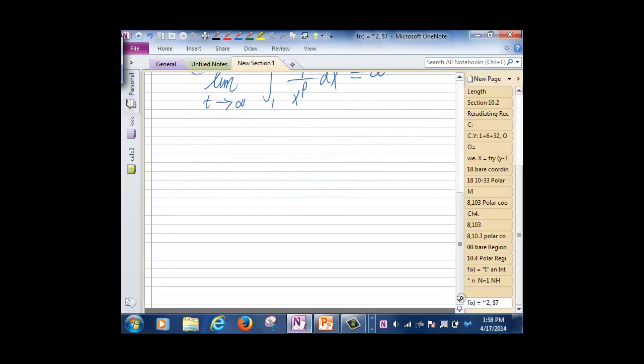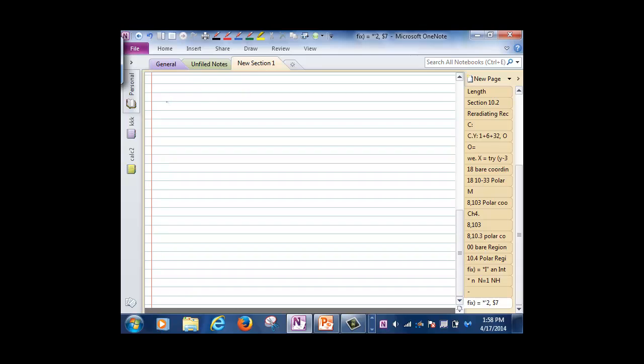So here in this example, we have the series n going from 1 up to infinity ln of n divided by n.